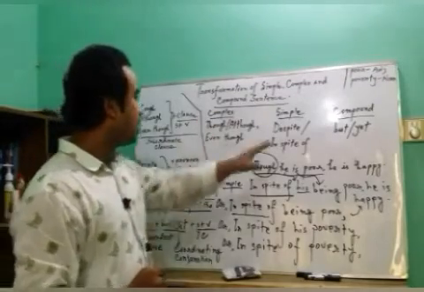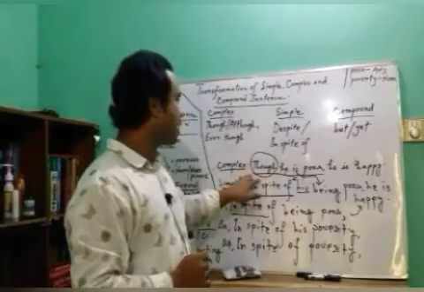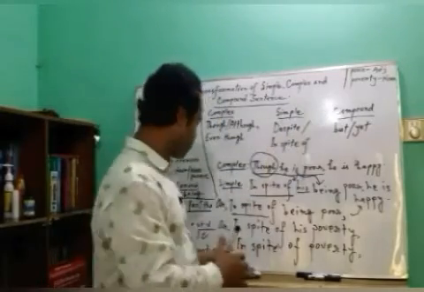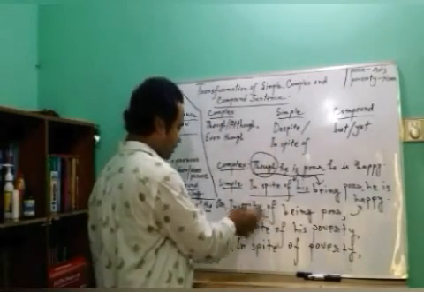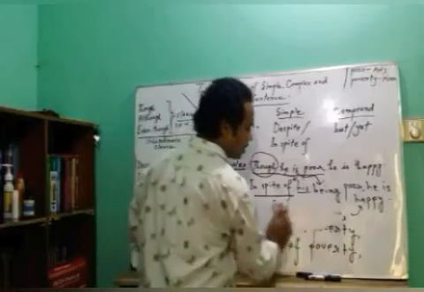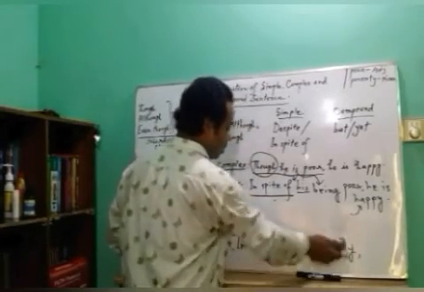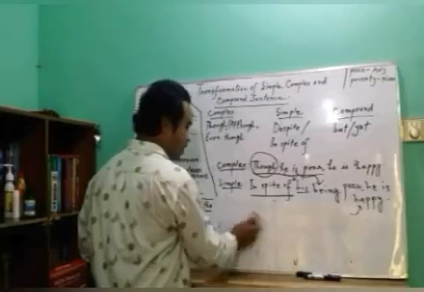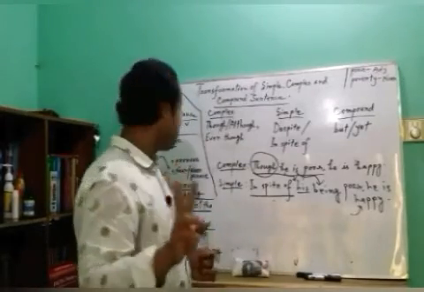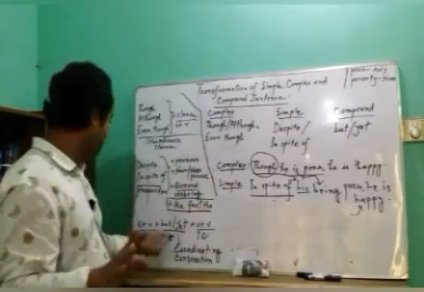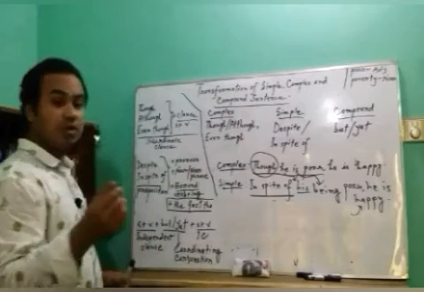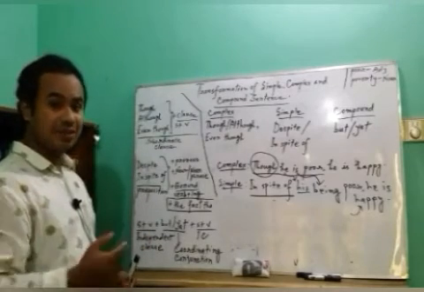Now it has to be changed into a compound sentence. We know that in a compound sentence, we actually join two simple sentences or two independent clauses with a coordinating conjunction.